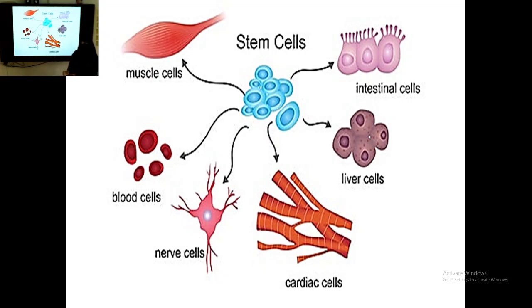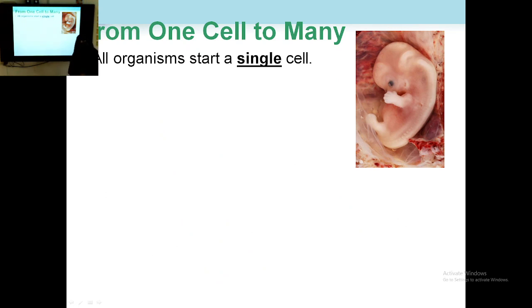So the stem cells are the initial type of cells that will form all of these different types of cells. Let's start with the differentiation process and learn how one cell becomes multiple types of cells. From the beginning, you have to know that all organisms come from one single cell.